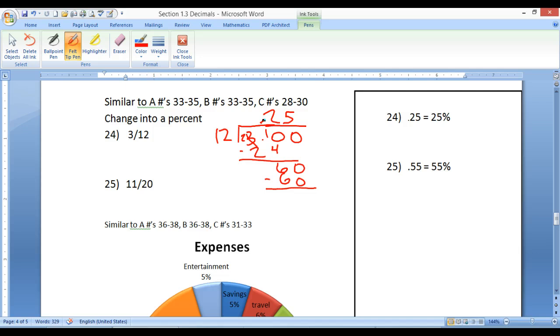The direct translation of percent: per means this part divided by, and cent is 100.